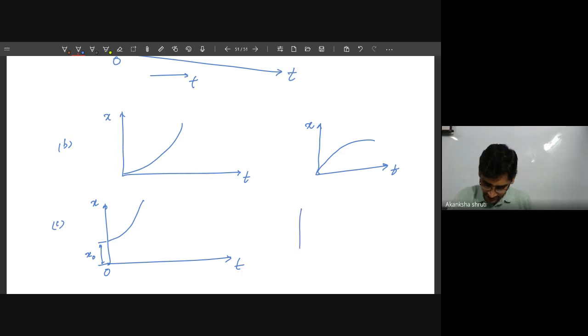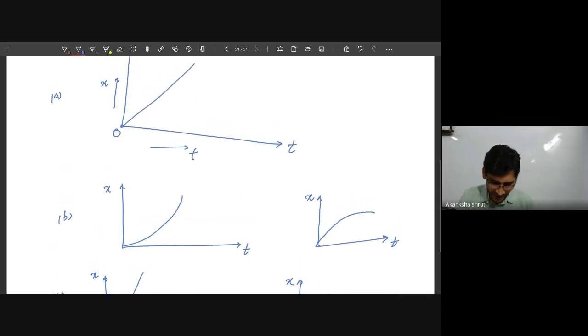Position is plotted. It may be possible that this position is going to decrease, meaning the object is going to come closer to the observer. So in this case, the graph will be like this. These are the various possibilities that we have learned.